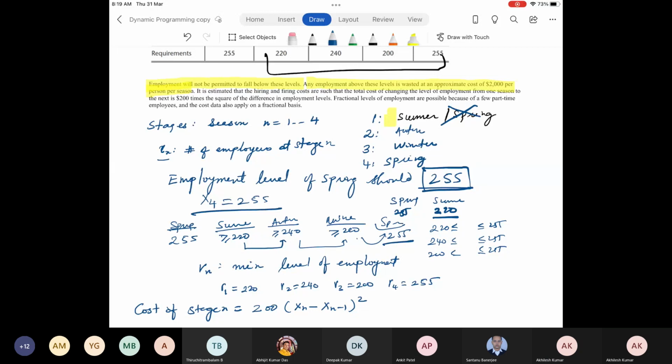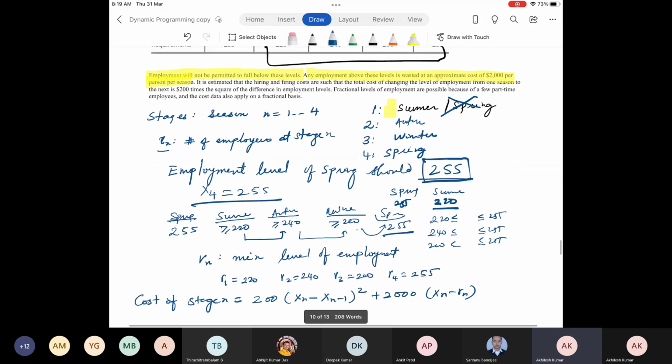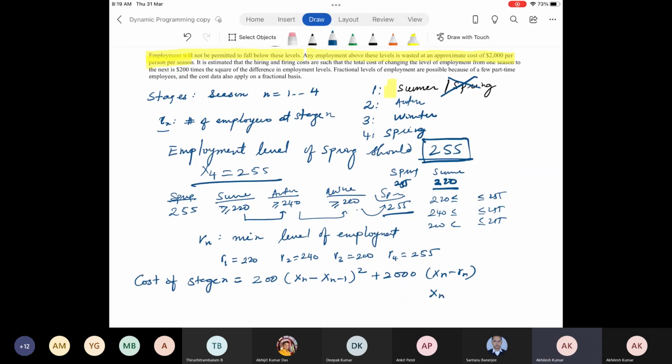Yes, sir. So first thing is that. Anything else? Plus 2000 into (Xn minus Rn). Right?